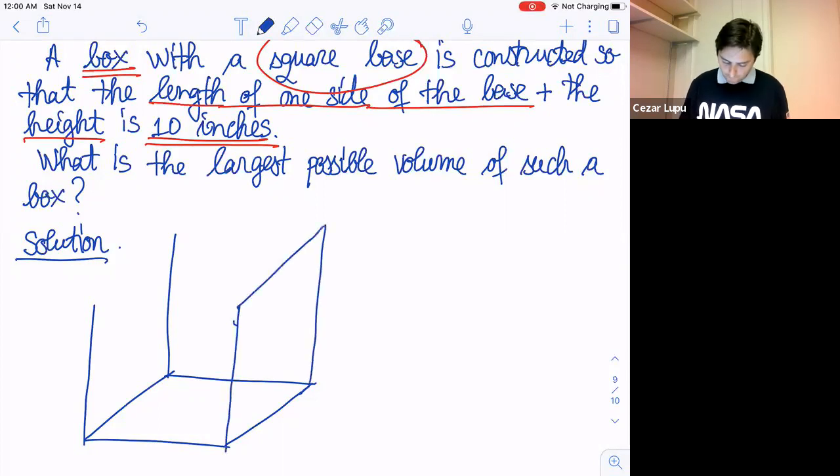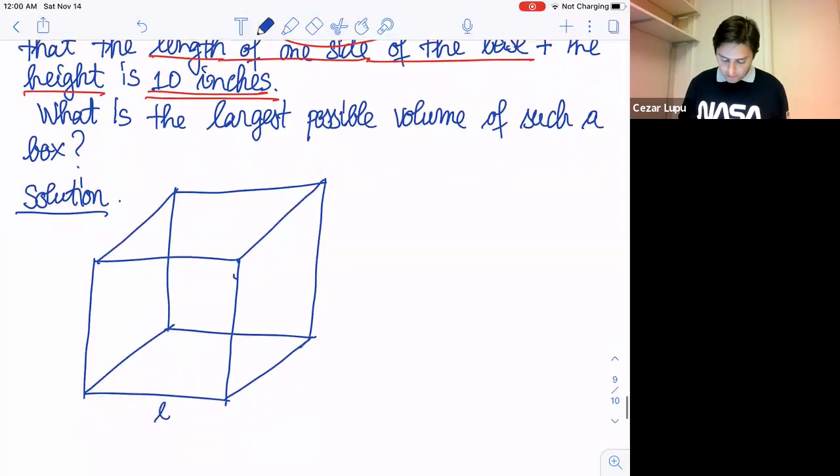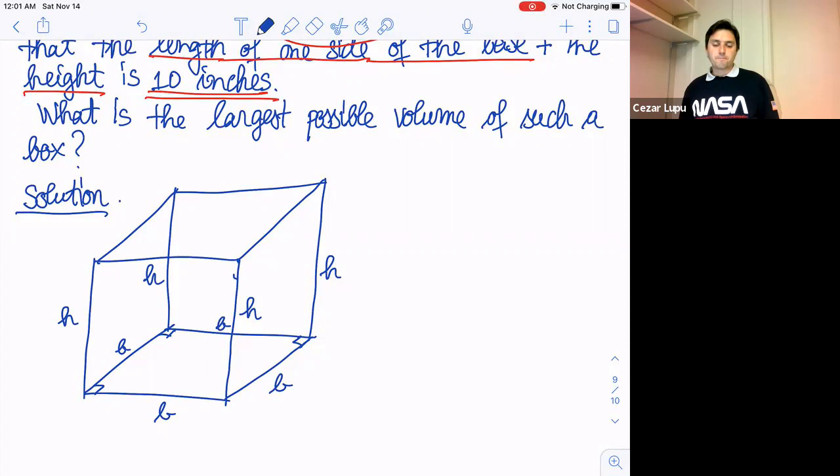So we have this box. And now the base is a square. So keep in mind this is B and B, let's say. So they're equal, right? These are right angles here and here as well. And this is the height, H. So all the heights are the same.